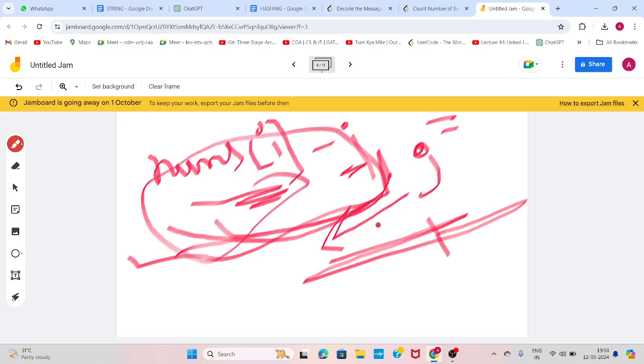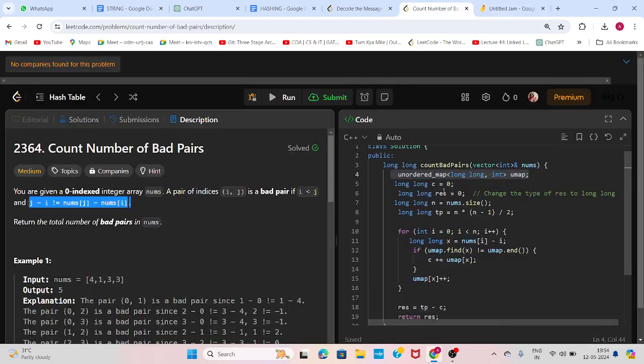So this might be our good pair. How do we check? We will use the map, because for checking in O(1) we use the map. If the number is present, then we add it to our answer as good pairs. After that we will add the new one to it. So simple. Now let's jump to the code.